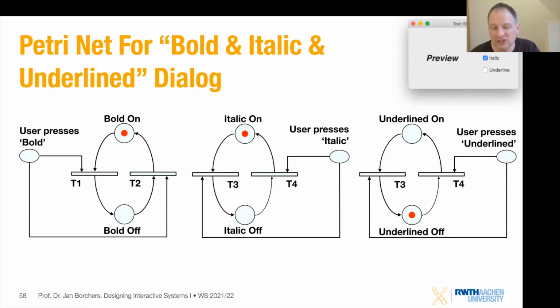So, for example, actually verifying whether a Petri net is correct and models things correctly and has no situations in which, for example, we end up with 2 tokens in both underlined on and underlined off is a little trickier. So this is one of the reasons why neither state machines nor Petri nets were adopted as the notation of choice when we came to state charts.